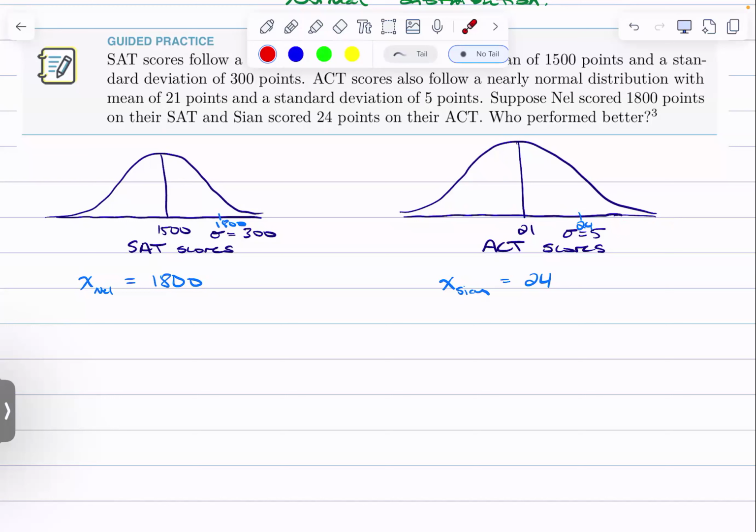To compare these, what can we talk about? We can talk about the number of standard deviations above the mean they are.